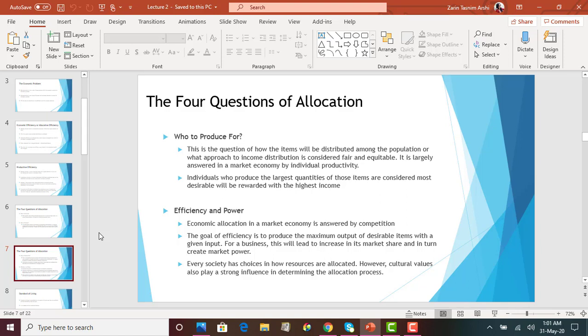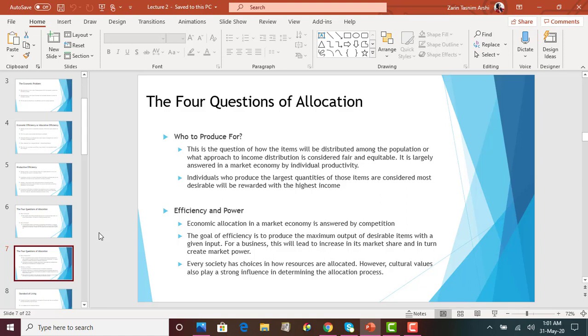What this question means is, once the goods have been produced by the businesses, how will these goods be distributed among the population, in the rural areas, in the cities or in the metroplexes? That's the question that is answered under who to produce for.